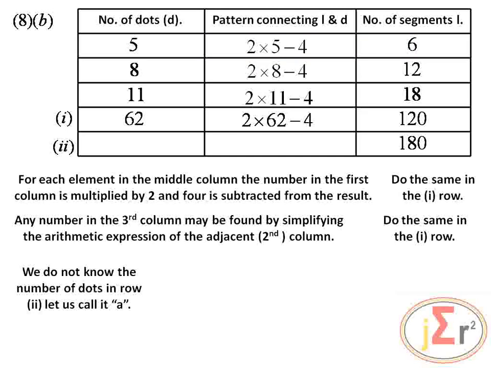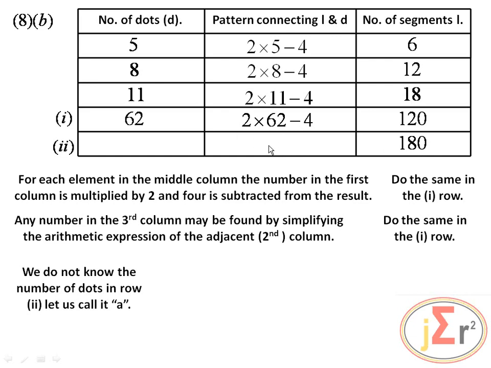We do not know the number of dots right here. So we are going to call the number of dots A. And this is 180. So we know the arithmetic expression that will give 180, that it is 2 times the number of dots minus 4.